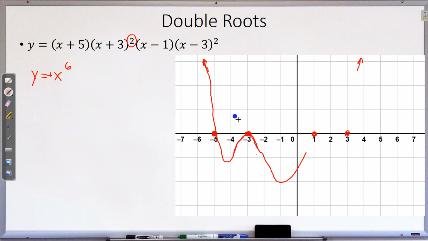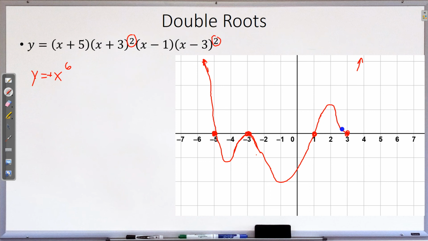All right, now I'm not going to bounce this time. This one's not a double root, so I'm going to go through it just like always. One way to think about that, x minus 1 is a straight line, and so you need to have a straight line right here, linear. All right, I'm going to go up a little ways, but I got to start curving down to get to this 3. But when I get to this 3, I again have to make a parabola. I have to bounce.